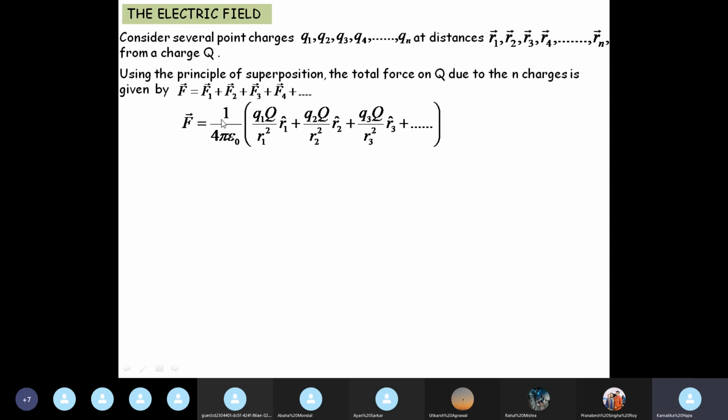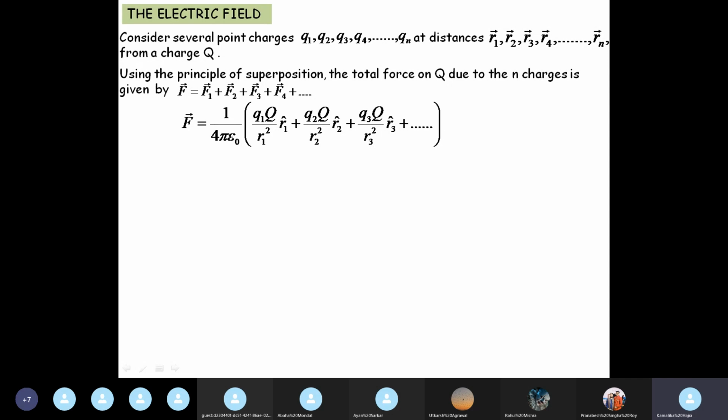If you take out the constant 1 by 4 pi epsilon naught, then due to the first charge it's q1 Q by r1 squared r1 cap, due to the second charge it's q2 Q by r2 squared r2 cap, due to the third charge it's q3 Q by r3 squared r3 cap, etc.